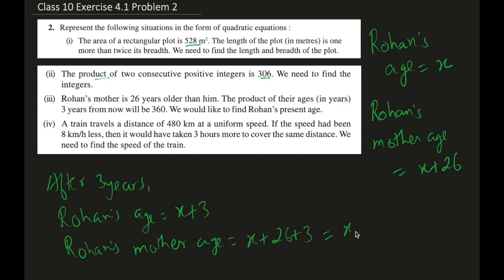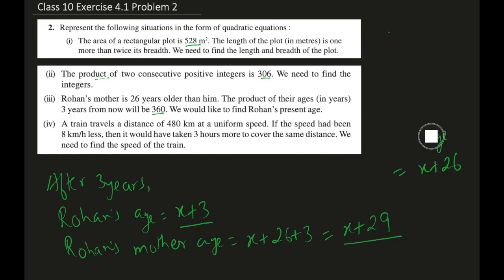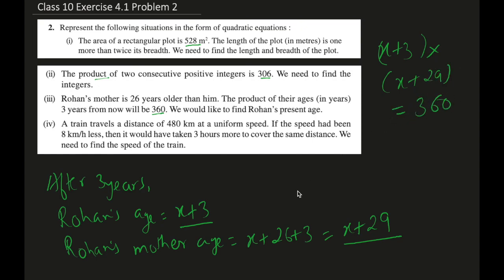So this is x plus 29. Now the product of these two, x plus 3 and x plus 29, will be 360. So we can write it as x plus 3 multiplied by x plus 29 equals 360.